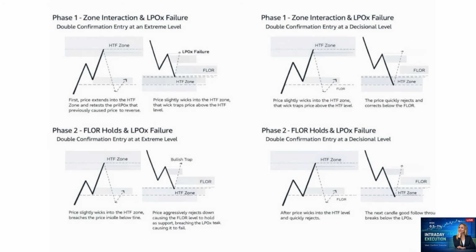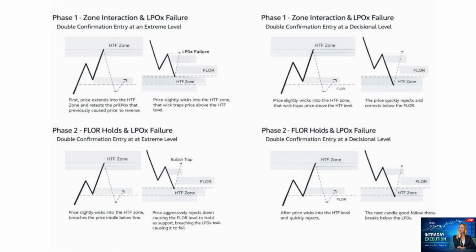The reason it would be considered the decisional level is because the extreme would still be present in this portion. If we were looking at our market structure, using this previous higher low and this lower low as our structural range, and because of the extreme liquidity, we are able to trade from the decisional level.